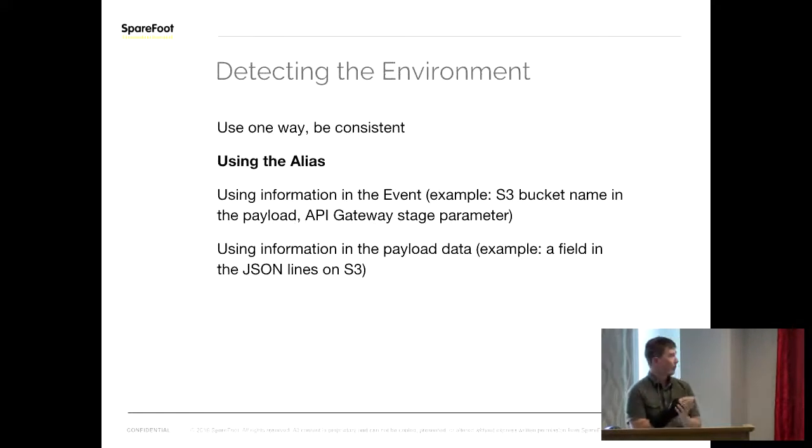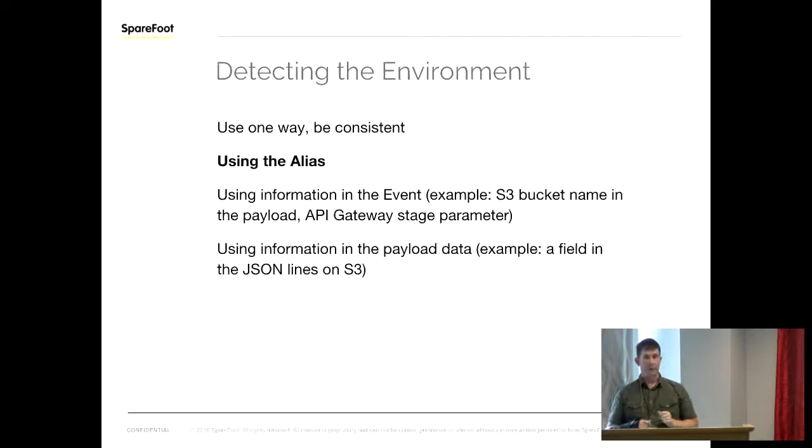So one way we can do that is using the alias that the Lambda is run under. Another way we can look is at the event itself and see if the bucket name, like if you have a separate bucket for dev, stage, prod, you can look at a substring of that string to see which environment you're in.